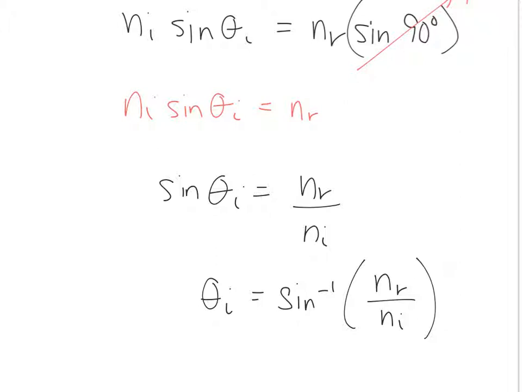Now, write down this little asterisk at the bottom, and you could prove it to yourself, actually. NI must be greater than NR.